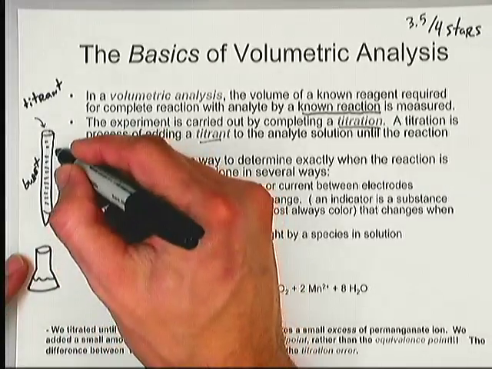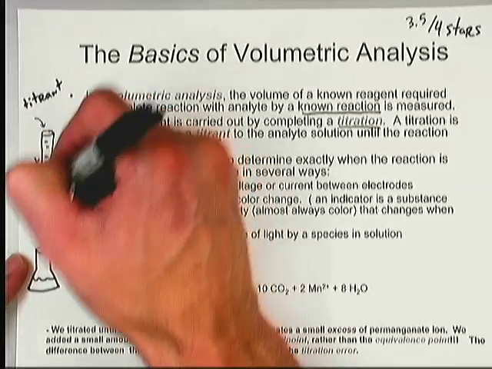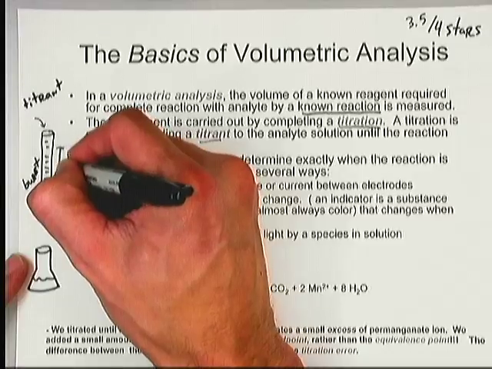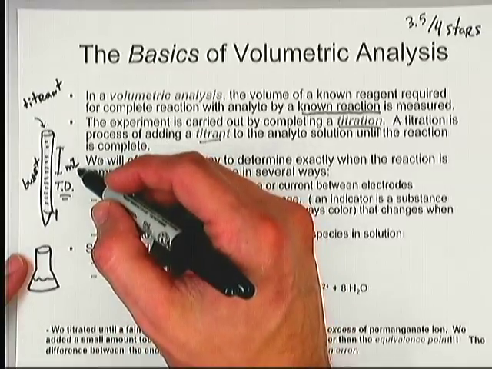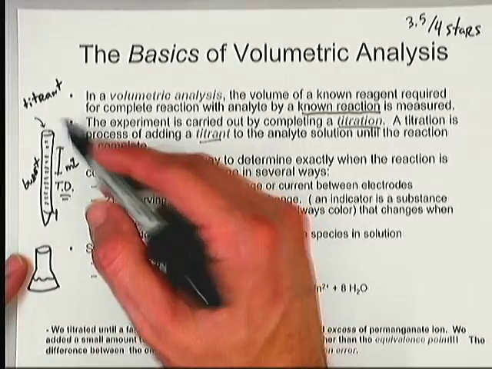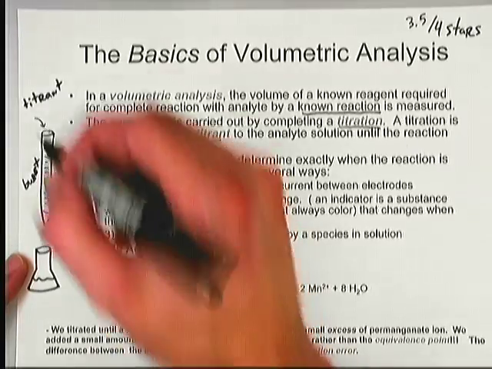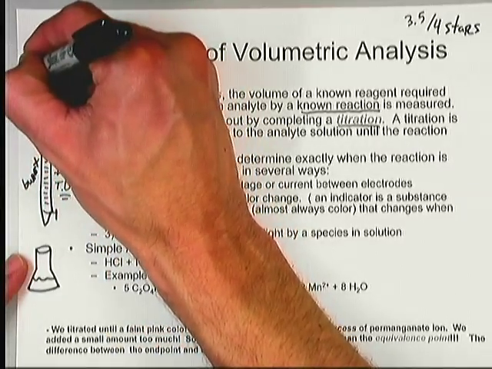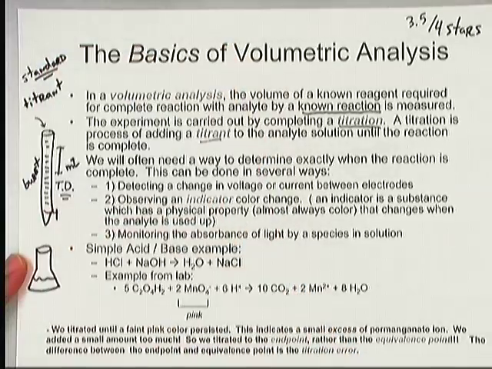We note how much volume of titrant was delivered. We figure out how many milliliters of titrant were delivered, and that's important. It's one of the measurable variables for the experiment. The reason why is that the solution we put in here as our titrant is usually a standard solution, or has been standardized.